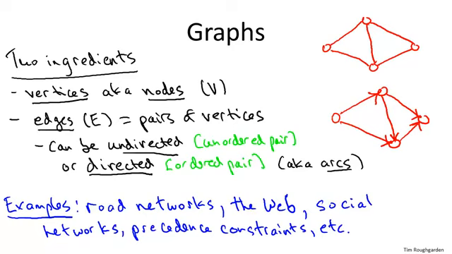And you could think about the following graph, where each of the courses in your major corresponds to a vertex, and you draw a directed edge from course A to course B if course A is a prerequisite for course B. That is, it has to be completed before you begin course B. Okay, so that's a way to represent dependencies, sort of a temporal ordering between pairs of objects using a directed graph. So that's the basic language of graphs.